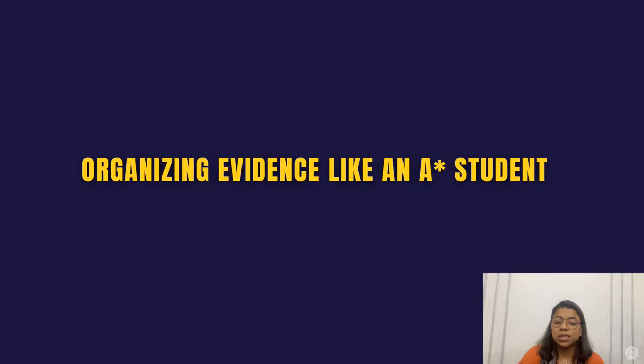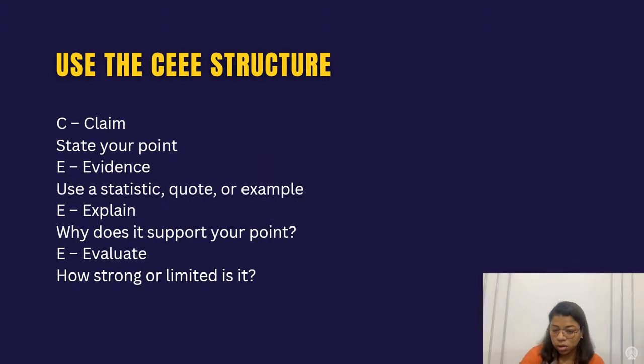Now, let's understand how to organize evidence like an A star student. For organizing the evidence, you will use this simple strategy: claim, that is, state your point; evidence, you put the evidence, whichever statistic, quote, example; explain, why does that evidence support your main point; and evaluate how strong or limited that evidence is.